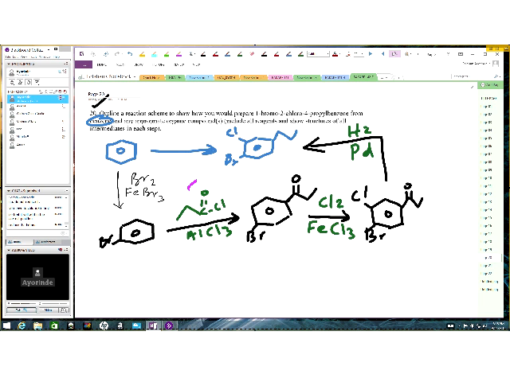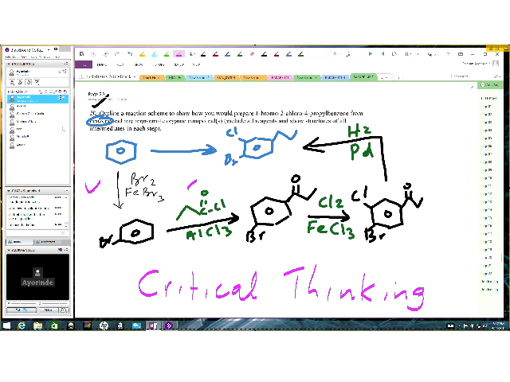Okay. So what have we done? We started with bromination. Keep in mind, each one of these reactions, you know them individually. So this is where the critical thinking now comes in. The first one, we do bromination on benzene to obtain bromobenzene.